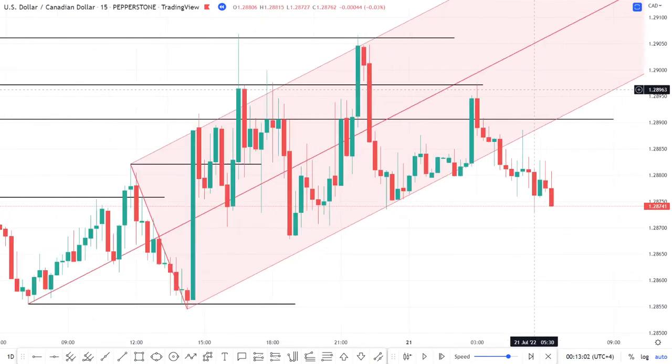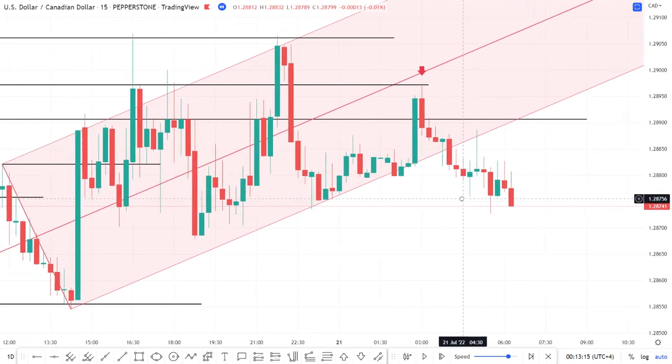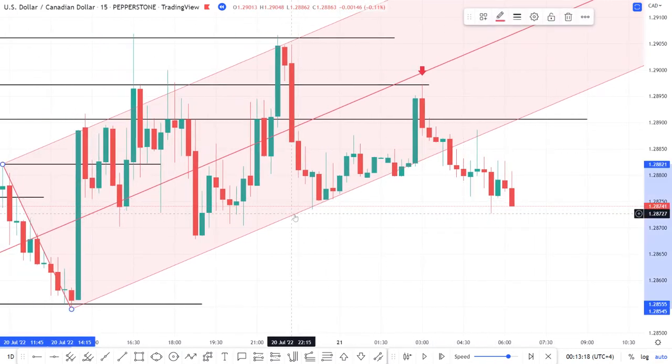And right after doon, this is a fractal candle ulit with a very defined bearish body. And now, ang lower line ng fork natin is being treated as a resistance once more.